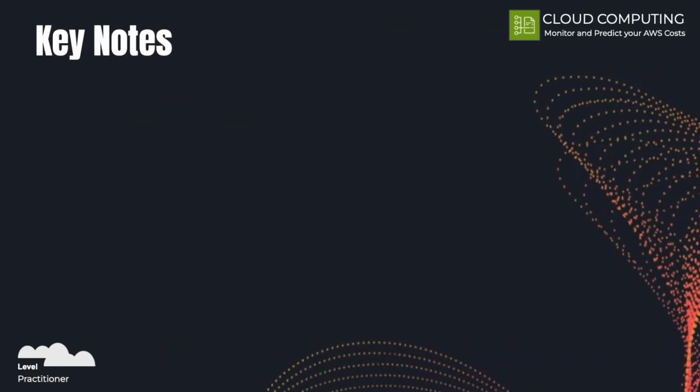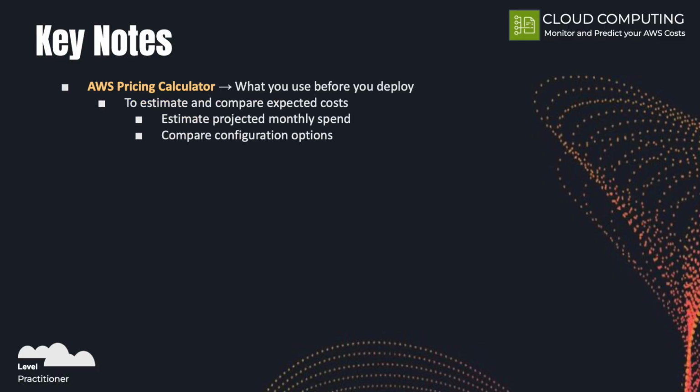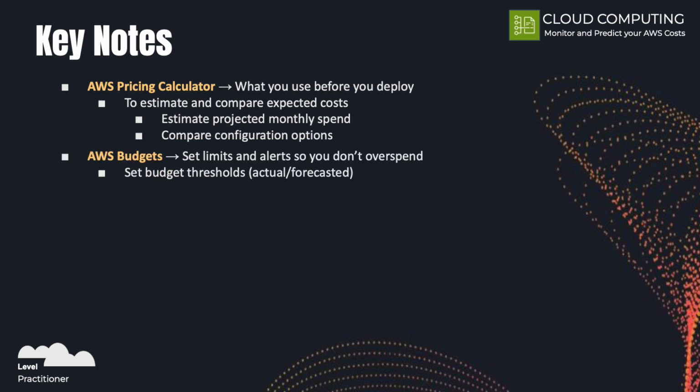So now that we've walked through all 4 stages, let's bring it all together and wrap up the video by summarizing the 4 tools that you should remember from this video. The first one, AWS Pricing Calculator, is what you use before you deploy to estimate and compare expected costs. AWS Budgets comes next, once you're running, to set limits and alerts so you don't overspend.